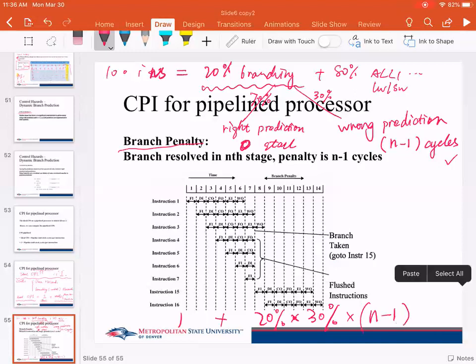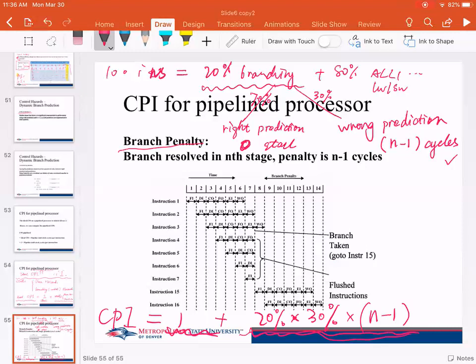The real CPI for this pipeline processor has to be 1, which is the ideal calculation time, plus the extra penalty I have to pay when I made a wrong prediction.